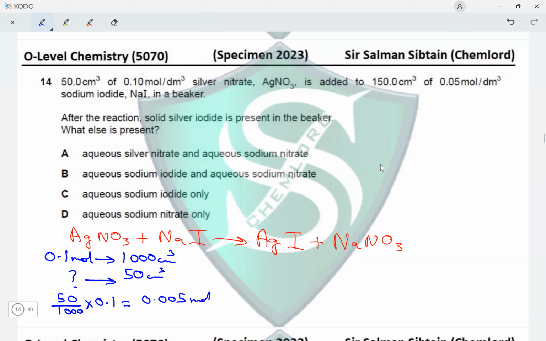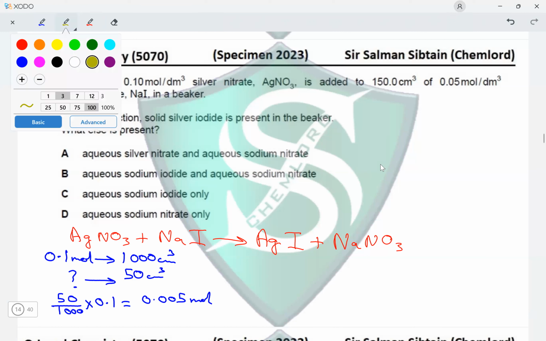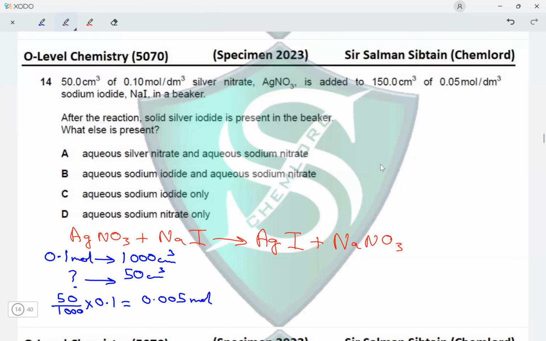0.005 moles. Now, a similar calculation will be performed for sodium iodide. For sodium iodide, we have 150 cm cube of 0.05 mole per dm cube. So 0.05 moles are present in 1 dm cube, which is 1000 cm cube.